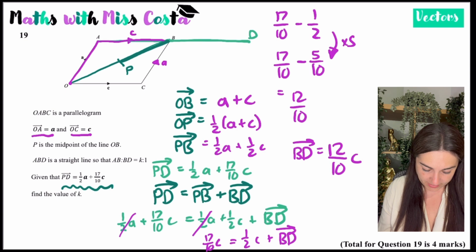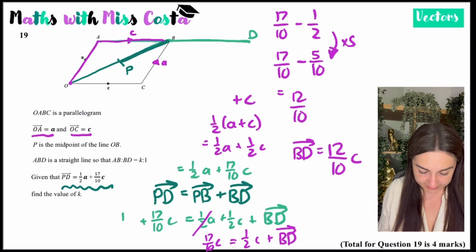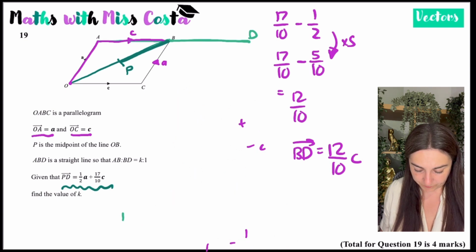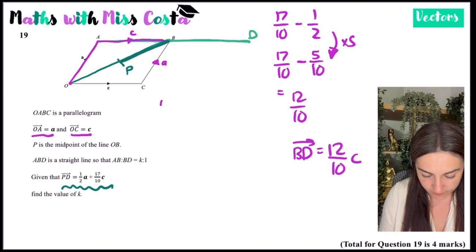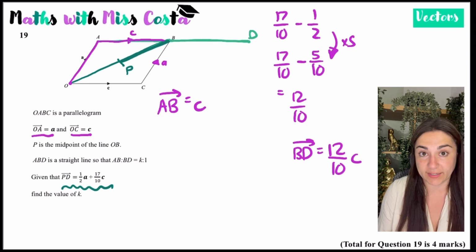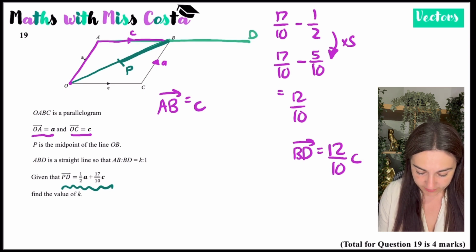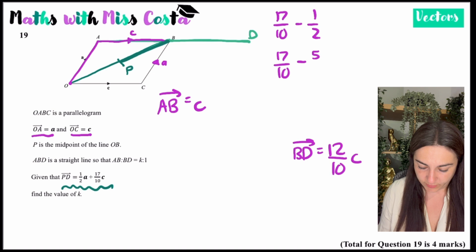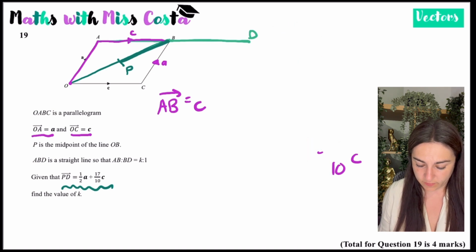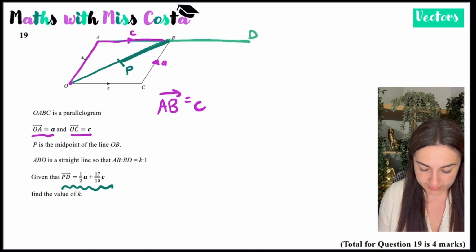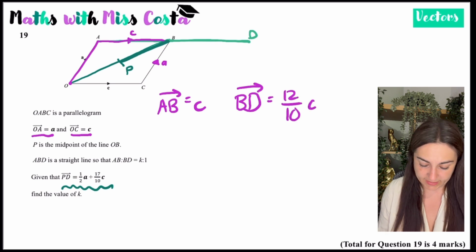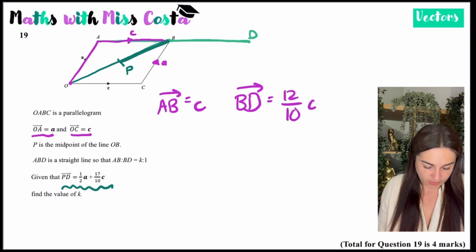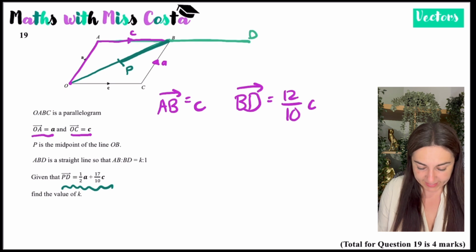I need to figure out what it is as a ratio. So let's get rid of all of this. I know that AB is C, because that's already been given to me. And I know that BD is 12/10 C. And that ratio is K to 1.